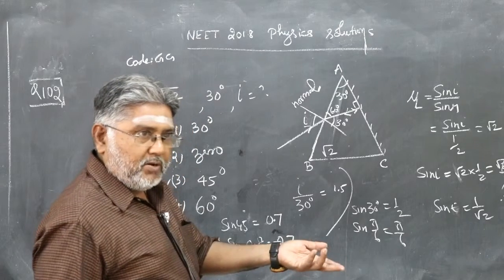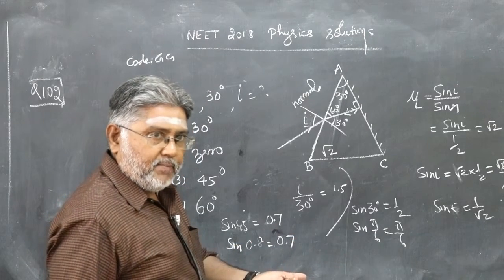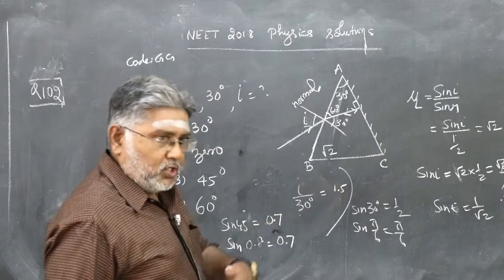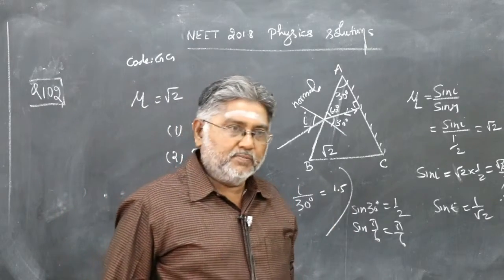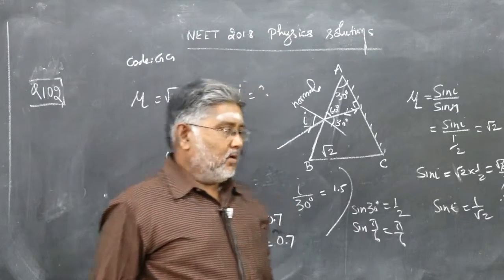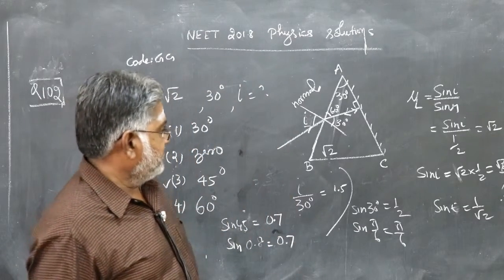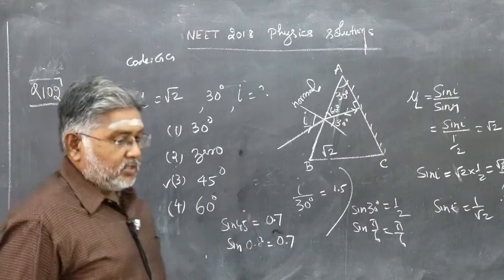Of course, 45 should be in radian. Convert into radian, 30 into radian. But because it's a ratio, the ratio in radians can be taken to be the ratio in degrees. So one way you can think of it, and the correct answer is 45 degree.